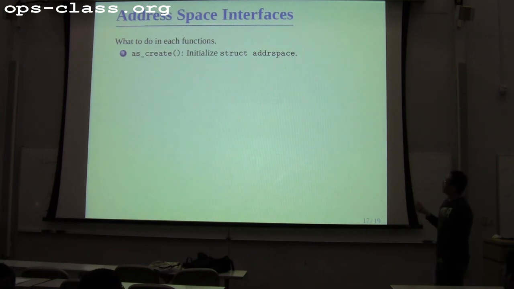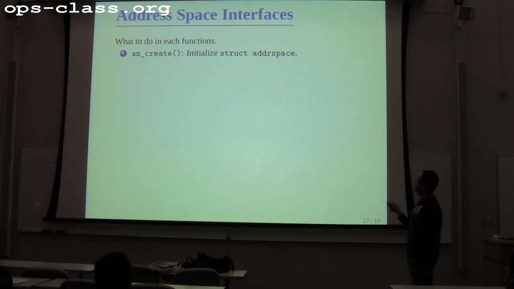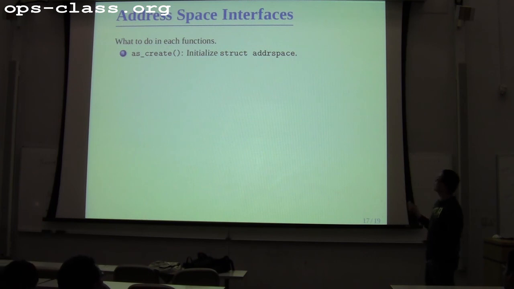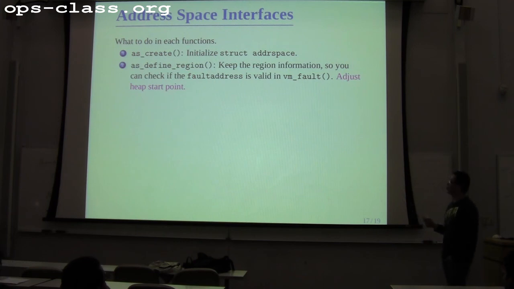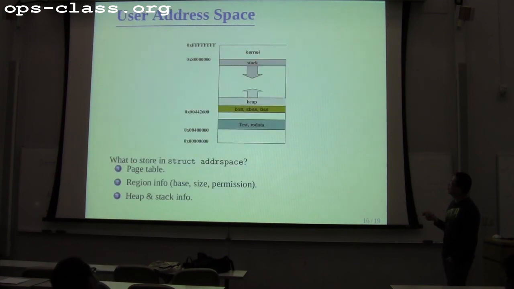So in each of the address space functions, ASCreate is quite simple. We just initialize the address space structure and then initialize whatever is inside it. AS-define-region is an opportunity for you to store the region information. Also, it provides an opportunity to adjust the heap start point, because when you create the address space, you don't really know where the heap starts.